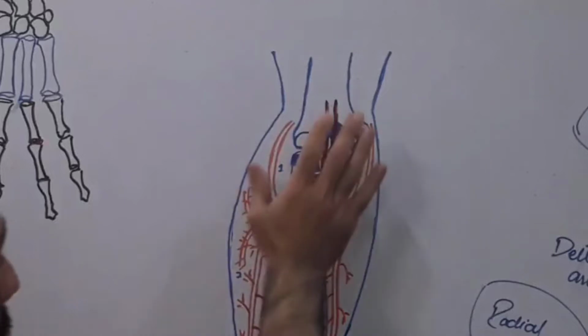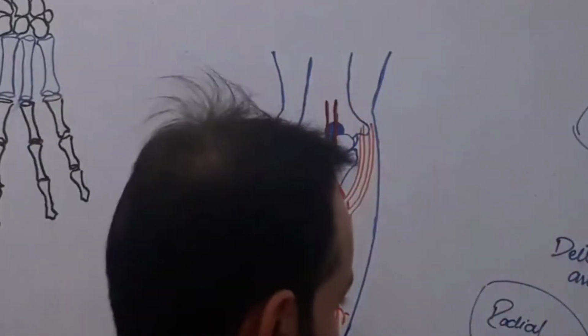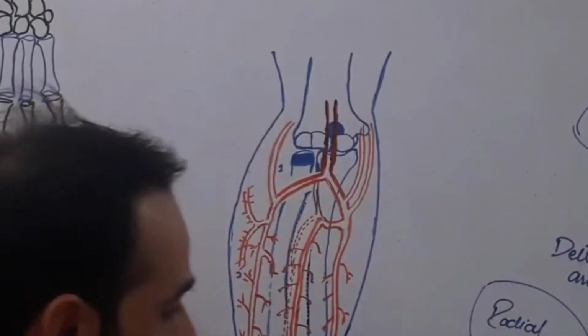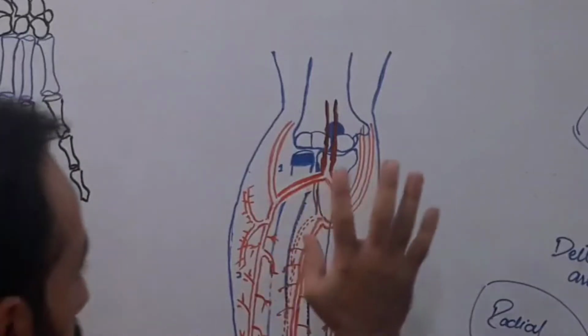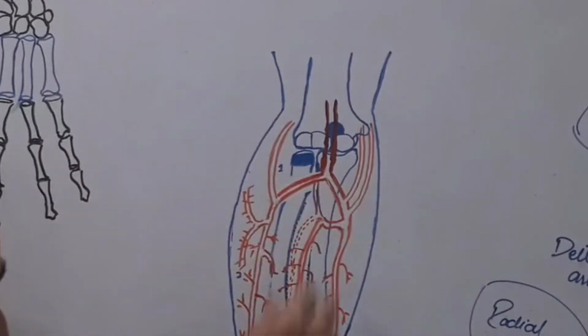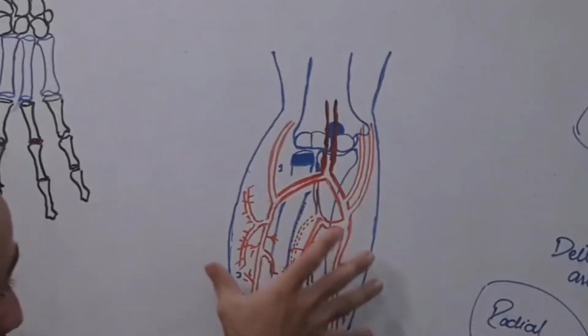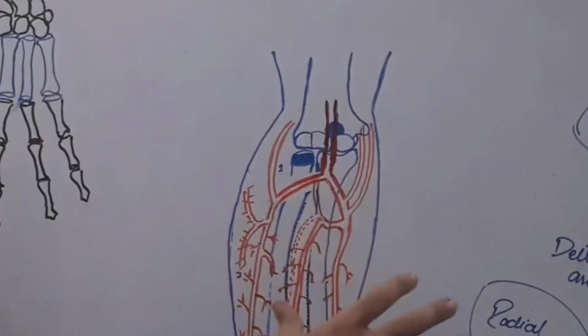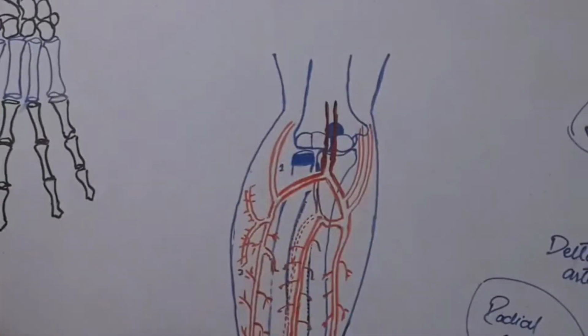Up to here I have discussed all those branches in the previous lecture. You can go and watch them. Now we are going to discuss the branches of the radial artery and the branches of the ulnar artery separately, so that we will complete the blood supply of our forearm.